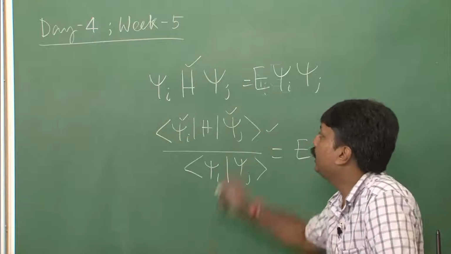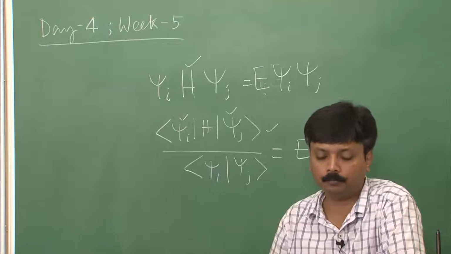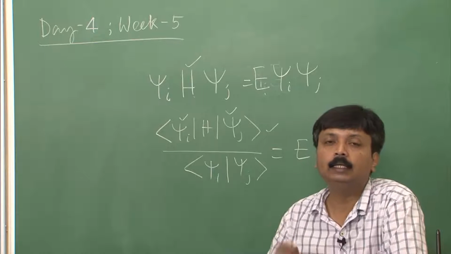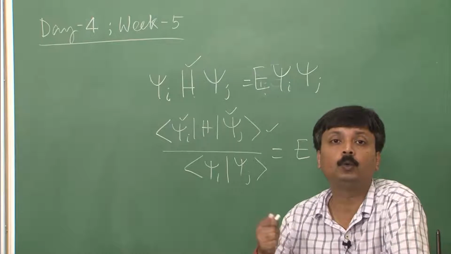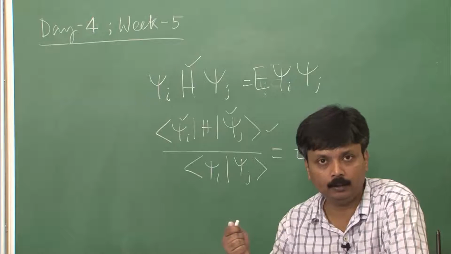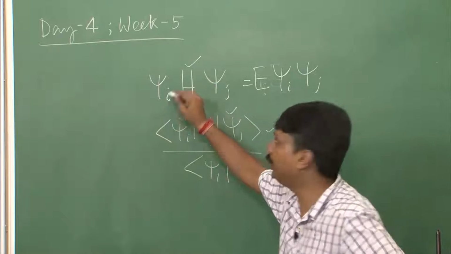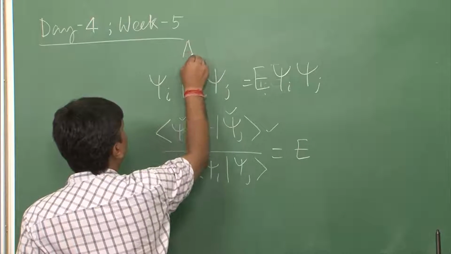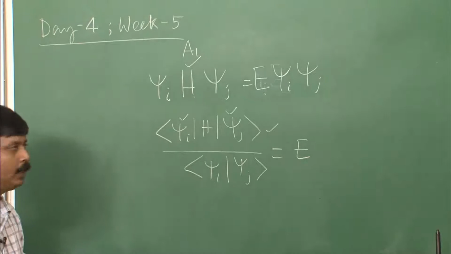That means that H, which is an energy operator, is the basis for the totally symmetric irreducible representation, right? So if this belongs to the totally symmetric irreducible representation, then it must be A1, correct?